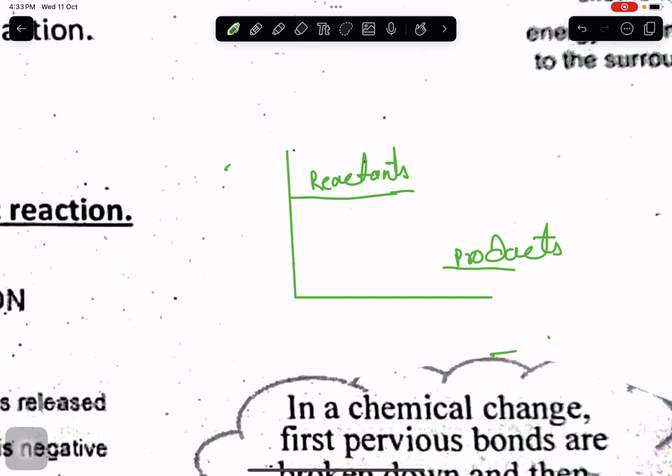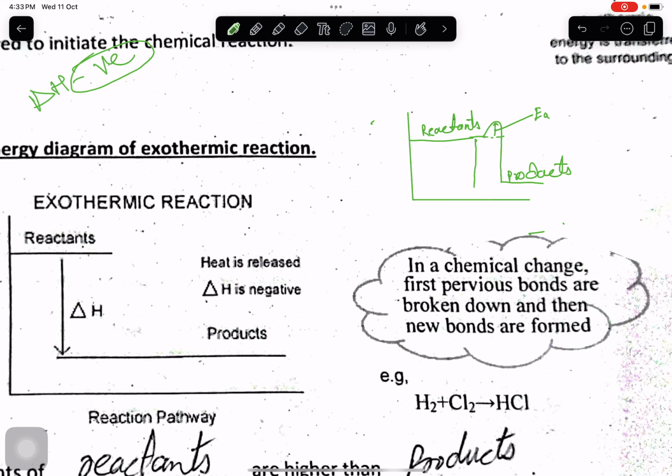To start this reaction, we need some energy to start this, and like this. Okay, this is the activation energy, which will be represented by EA. This is the activation energy, from here to here.